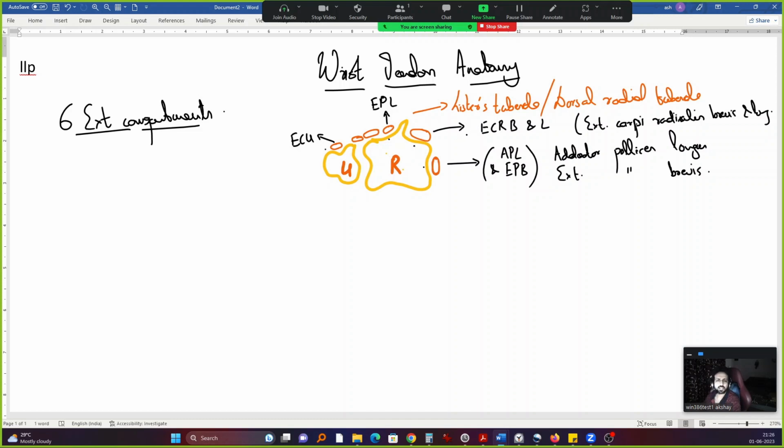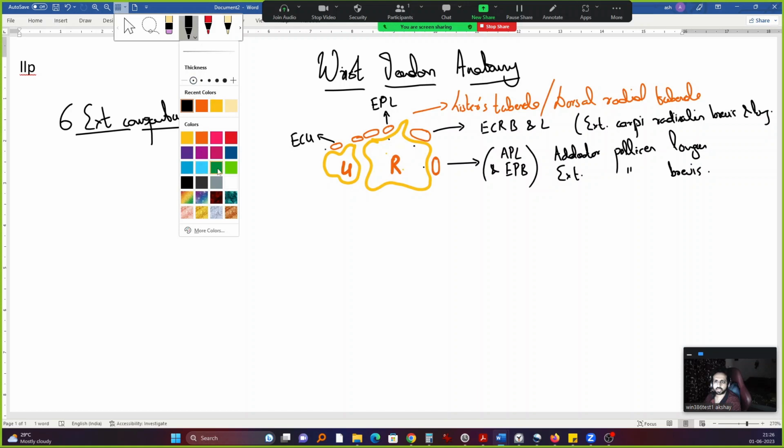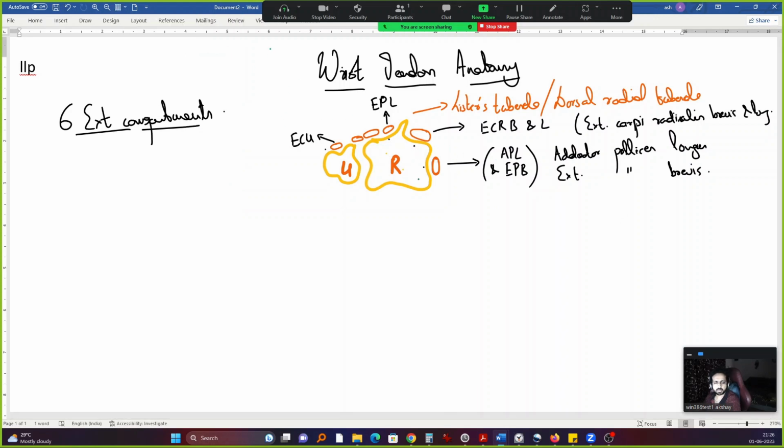Now let's see some important associated clinical conditions. Tenosynovitis of some of these extensor tendon compartments is important. For the first extensor compartment, there is De Quervain's tenosynovitis.